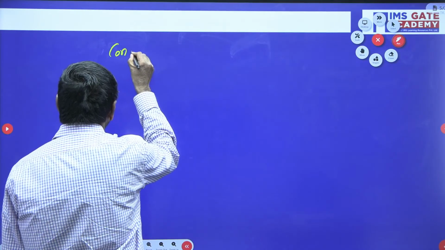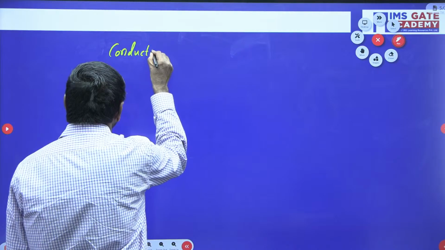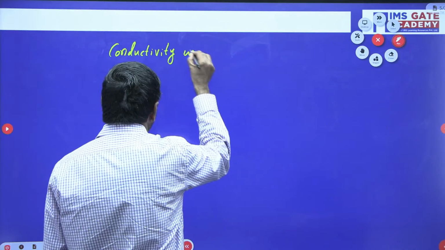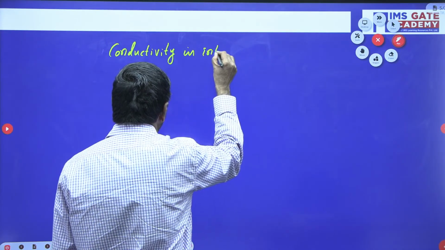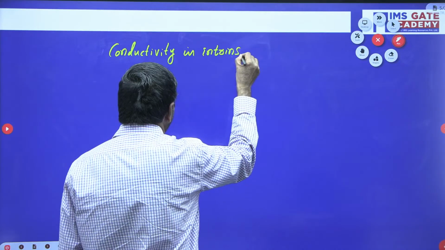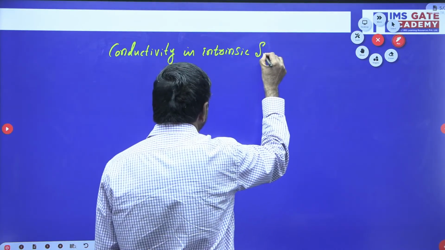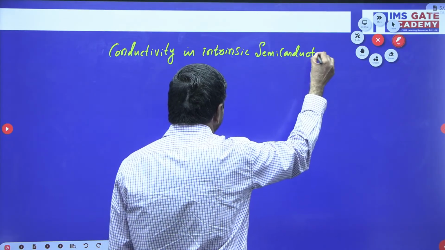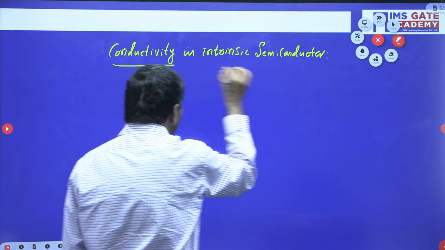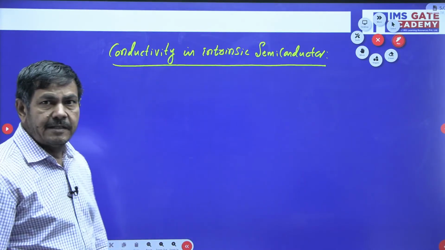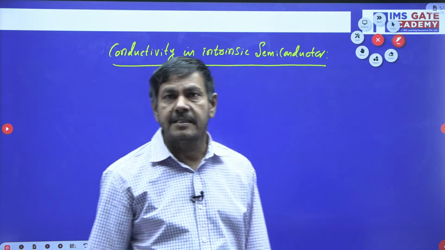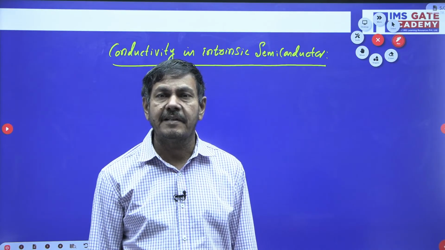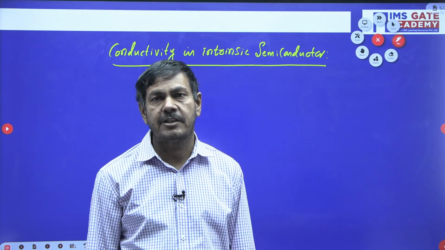Conductivity in intrinsic semiconductor. I wish to find the conductivity. In the same way as current density in a semiconductor, conductivity in a semiconductor is equal to conductivity due to electrons plus conductivity due to holes.